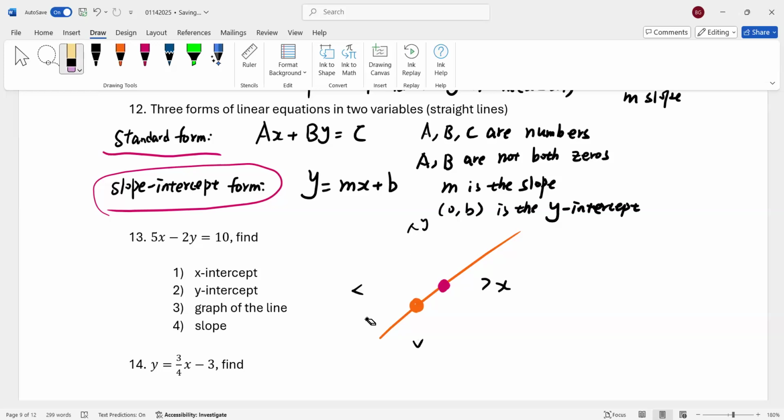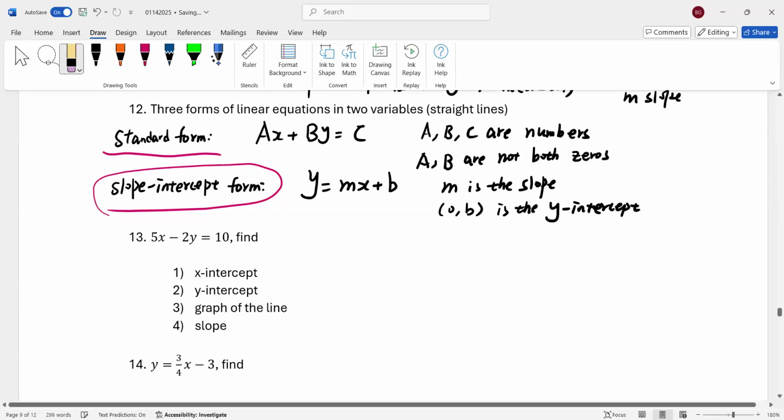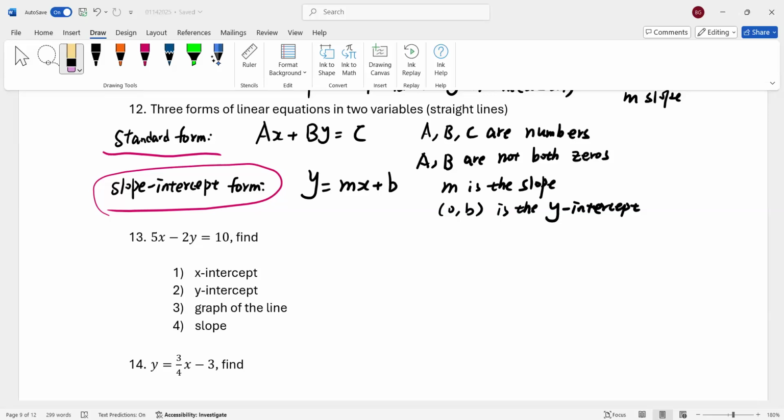Okay, let me show you the process of finding x-intercept and y-intercept. It is very convenient. Not absolutely, but most of the time it's very convenient to find the x-intercept and the y-intercept when the straight line is given in the standard form. Let me show you, okay?